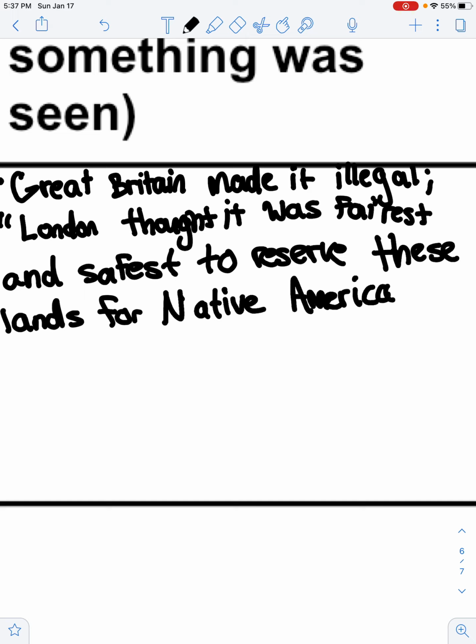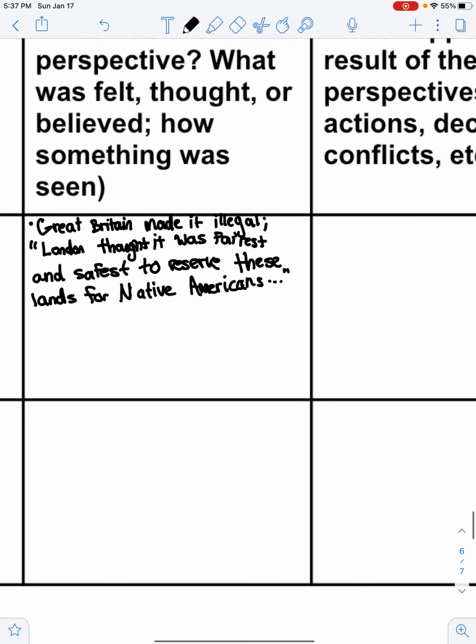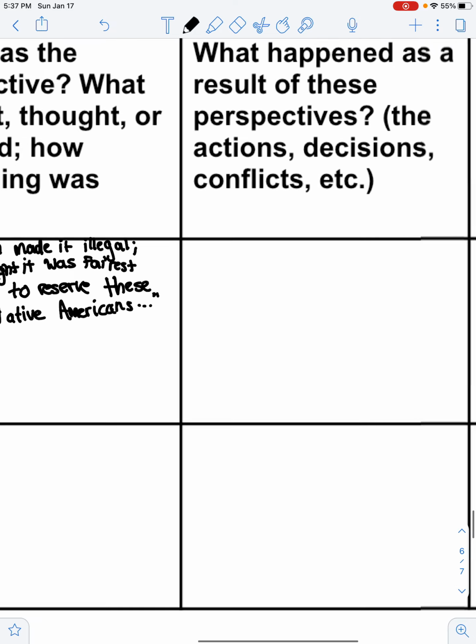So that's a quote. I'm going to put quotation marks around it. So Great Britain said, you cannot settle here.